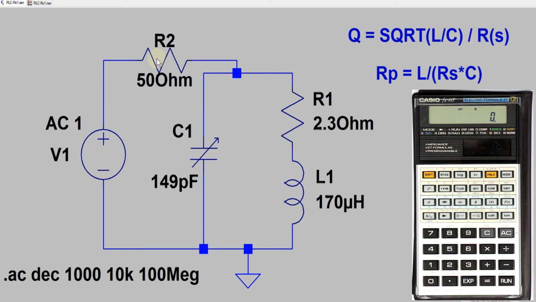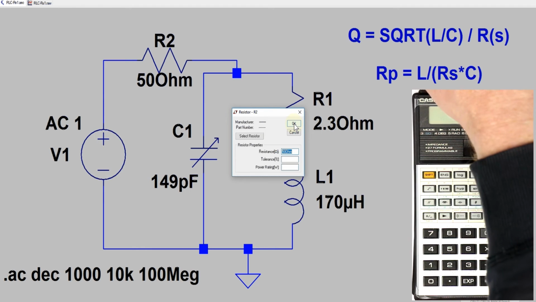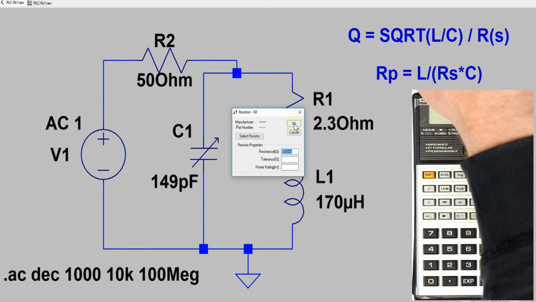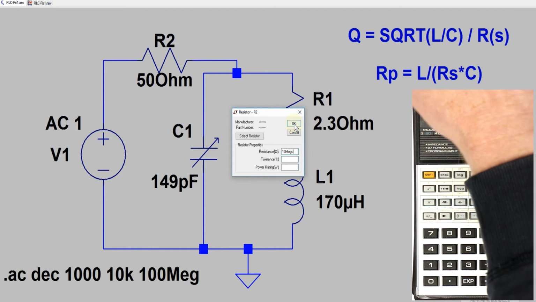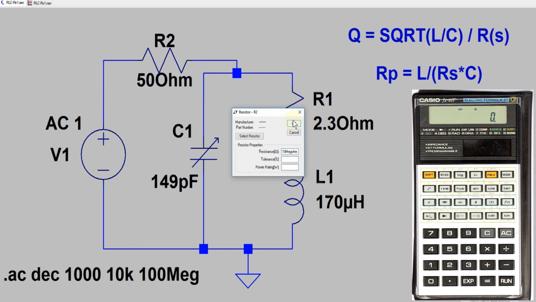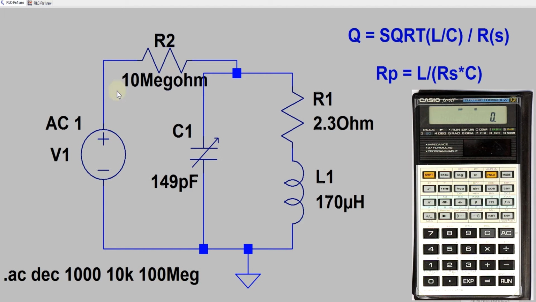We have to load our tank circuit as small as possible. So that's why, if you remember, we usually measure this with as high a resistance as possible. So we usually add a 1 mega ohm, or to be 100% sure, a 10 mega ohm resistor in series with the output impedance of the frequency generator.